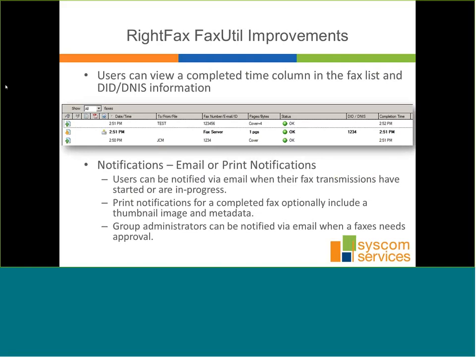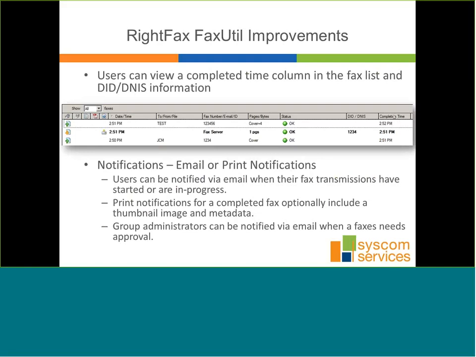A couple of additional columns were added to Fax Util. There's now a DID/DNIS column that you can add to Fax Util, and that will show the DID number that a fax was sent to. And more importantly, in my opinion, there's now a completion time column.